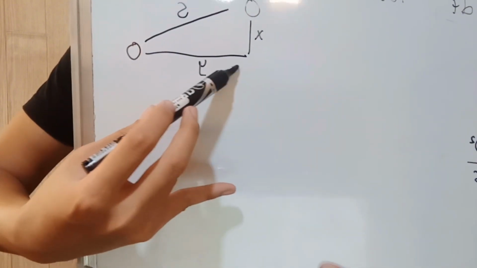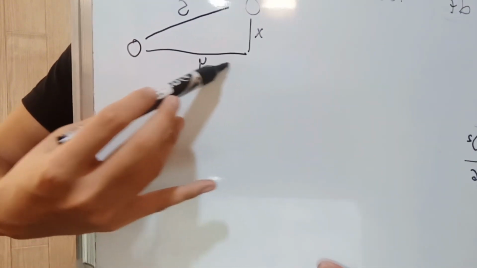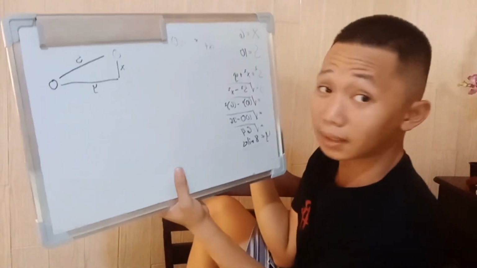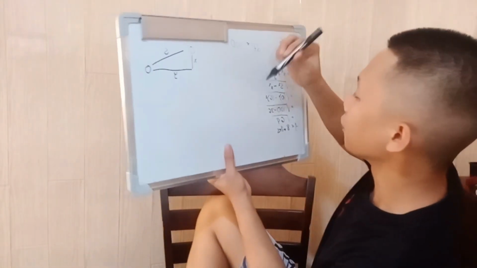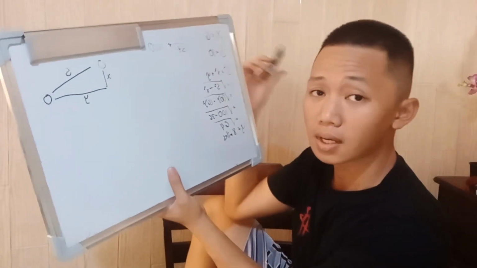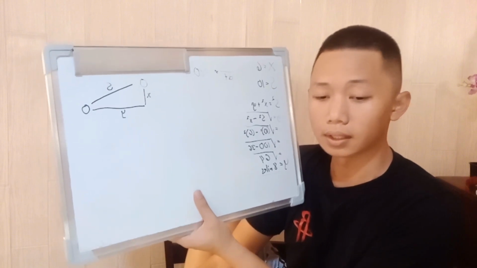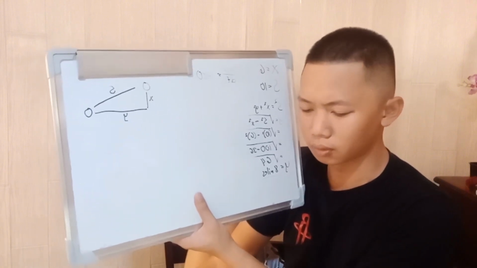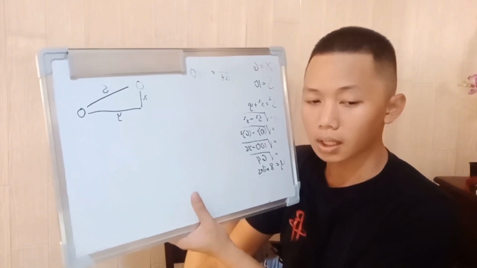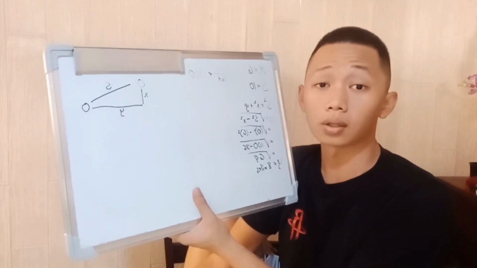So now that we have the value of y, we can solve again the Pythagorean theorem using derivatives, since we are determining the rate. Once again, a derivative is an instantaneous rate of change.